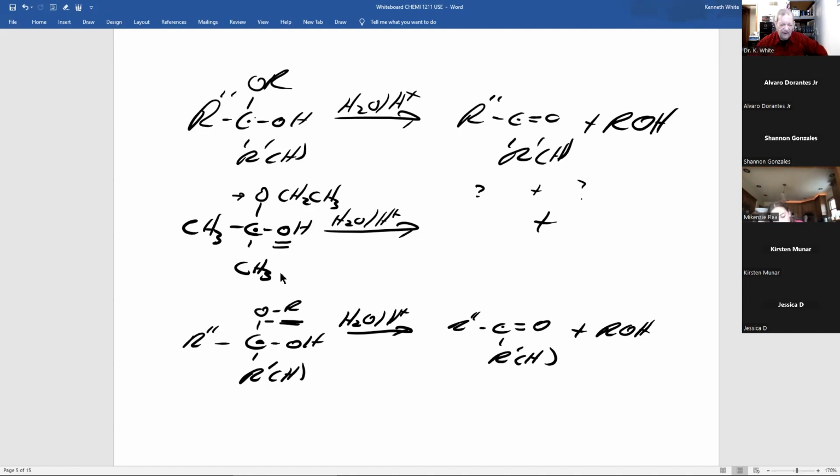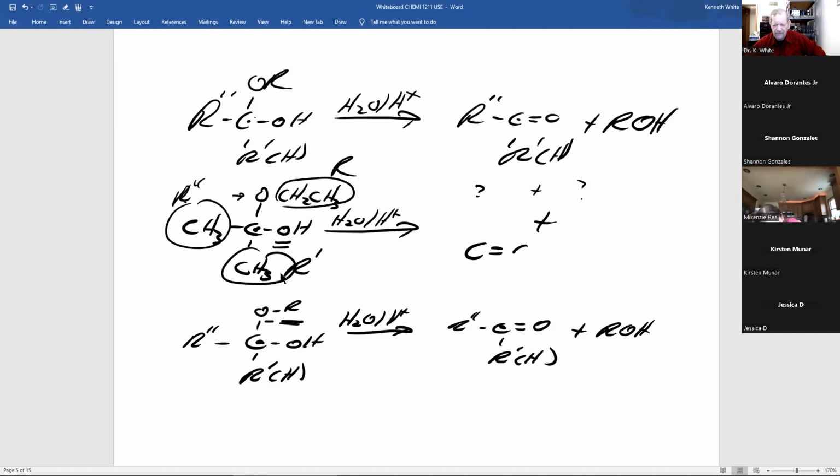So if I look here, I'll call that R prime, this R double prime, and here we have R. So this carbon is this carbon, forms a carbonyl. What's attached to it? R prime, methyl, R double prime, methyl.